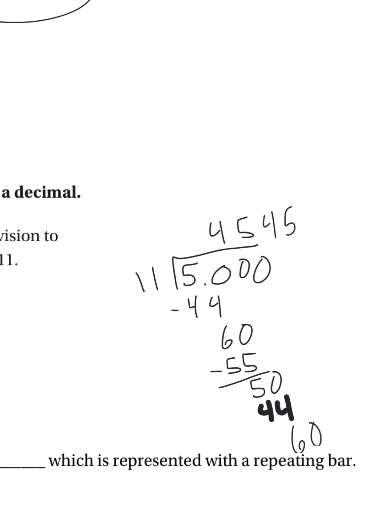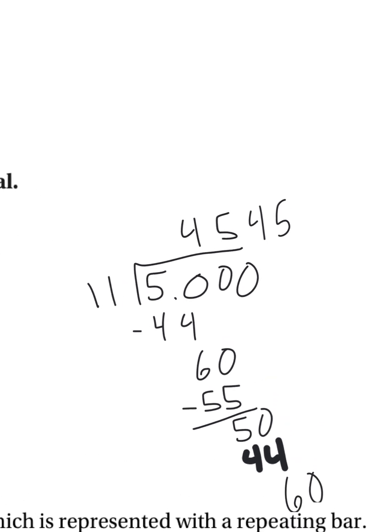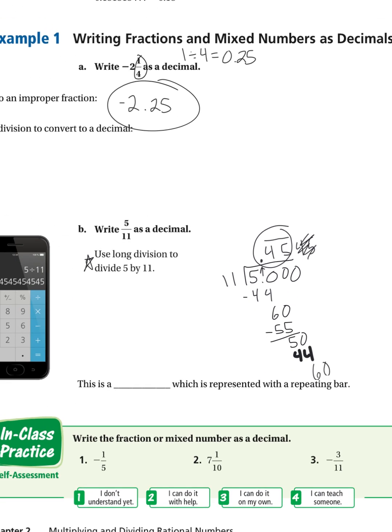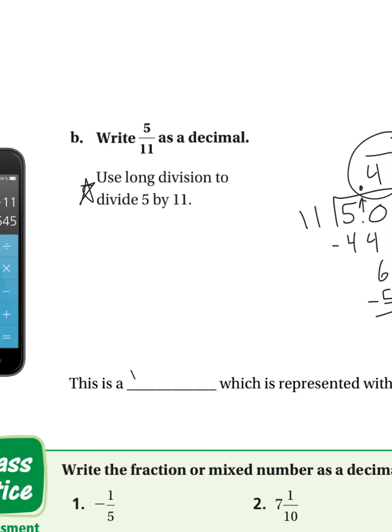Notice it's 4, 5, 4, 5. This is going to repeat forever. So we can just stop it here. Ignore that other 4, 5. 5/11 is 0.45 repeating. This is a repeating decimal.